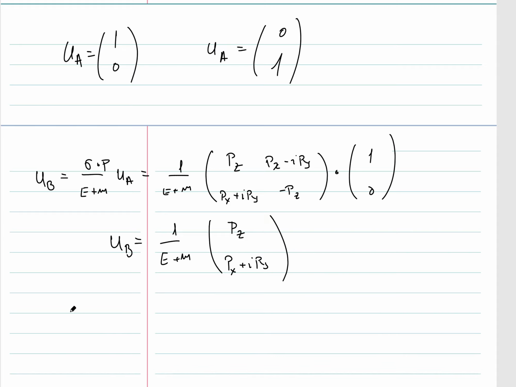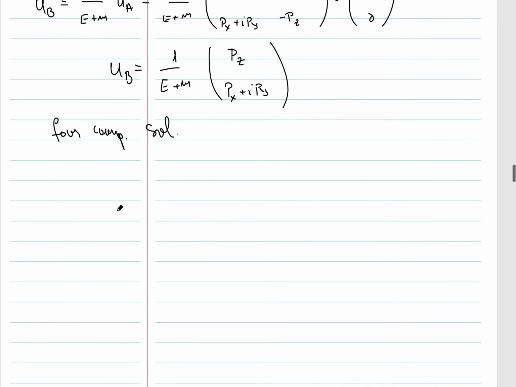Now, the 4 component solution would be U1 of E and P, N1 normalization constant, and then you have here UA and UB.